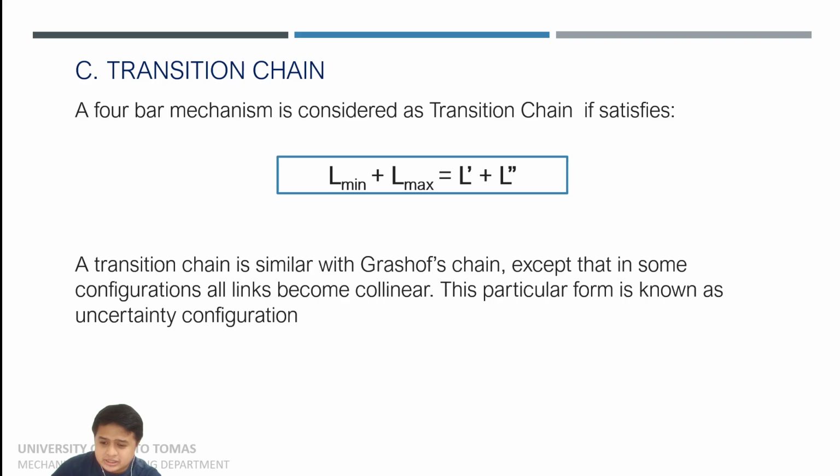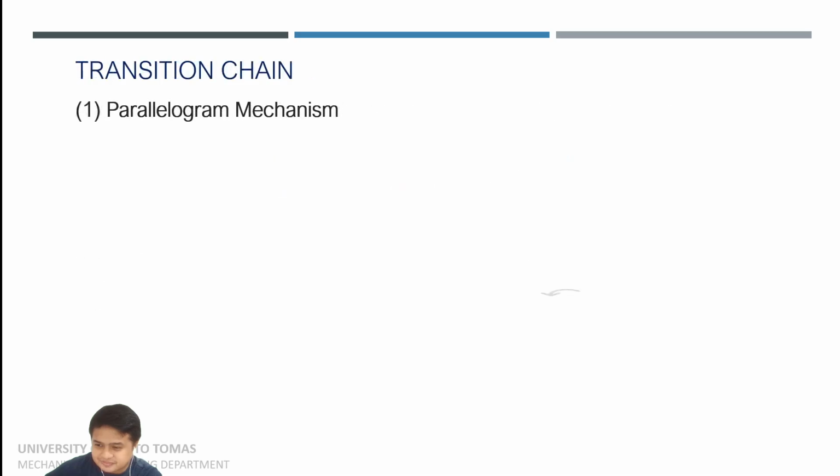And another characteristic of a transition chain is that there is some way a transition can happen within this mechanism wherein it could change direction. I will explain that later for this example.